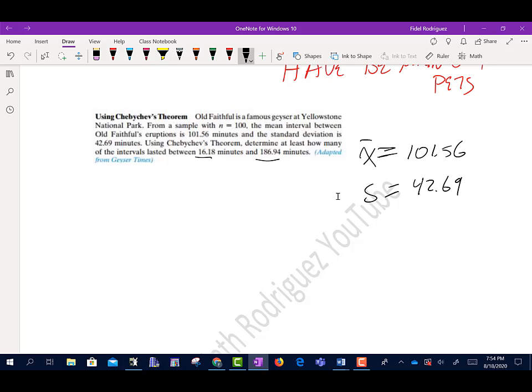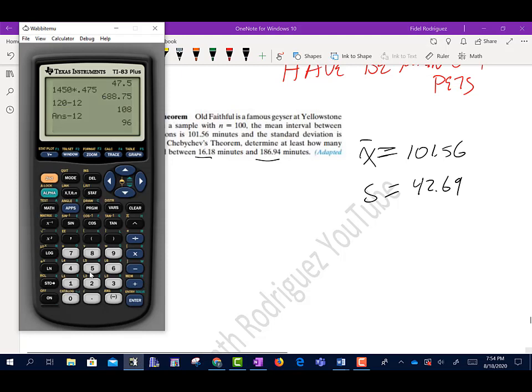Okay, so just like we did before, I'm going to take my calculator, turn it back on, and clear it. What's 101.56 minus 42.69? Okay, I subtracted it once.